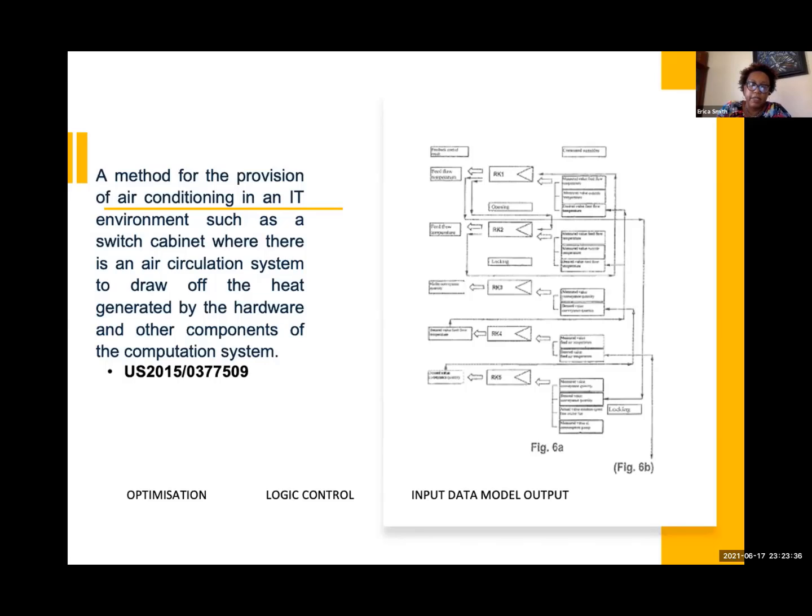Whilst figure 6B shows the control loops, which ensure that an optimal air conditioning feedback control occurs. And in terms of taxonomy, these patents concern optimization, logic control, and input data model. Input data model and output.